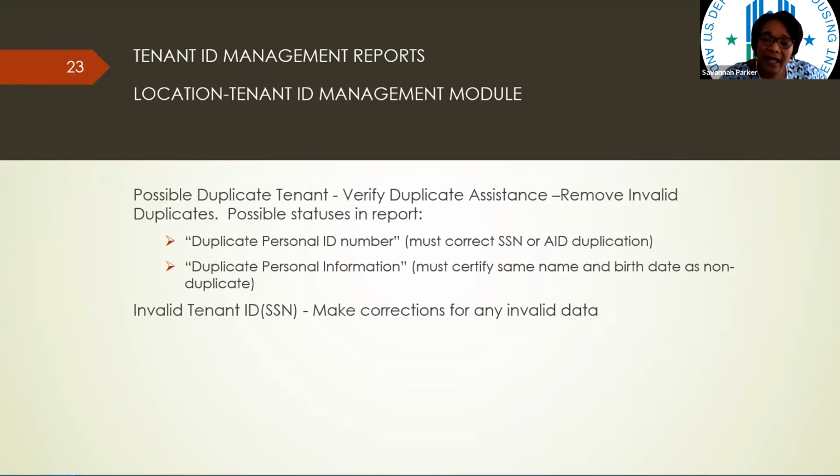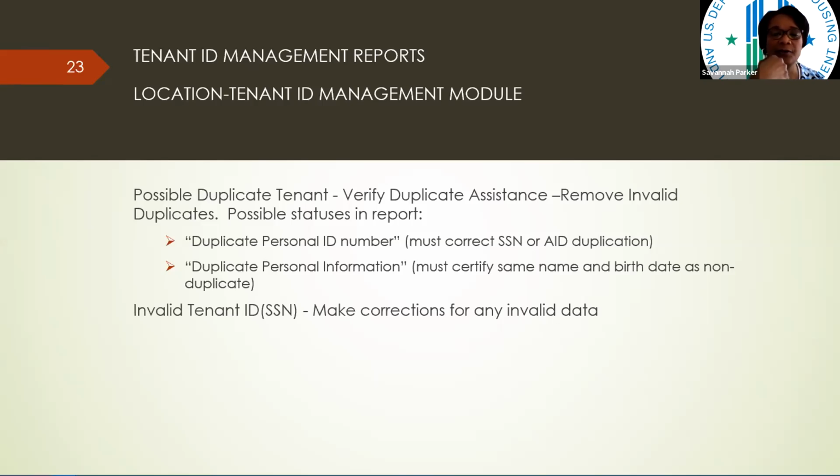But if they are not on that report, for some reason, we've had issues where we know there are households where the head of household has an invalid Social Security number, but the report doesn't flag it. Well, the only way you can fix it in that instance is we have to start voiding 5-8s, and hopefully it's just one 5-8 that's in the system for that new admission. We can void that new admission 5-8 and just start over.